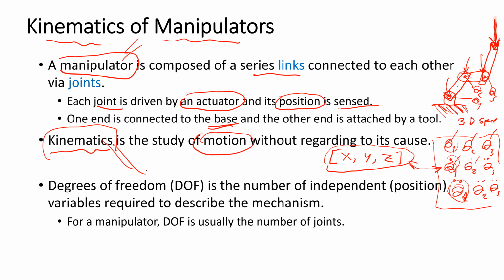And the degree of freedom: many times your lecturer asks you how many degrees of freedom this system has. For the industrial robot, most robots are designed and the mathematical tools are developed for them, and I think it's not so complicated to count the degrees of freedom.